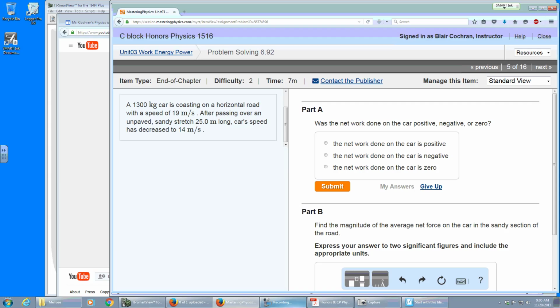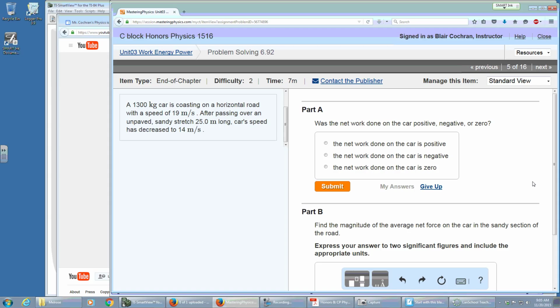And with this speed, it has inertia. It must have what type of energy? Kinetic energy. So it must have kinetic.